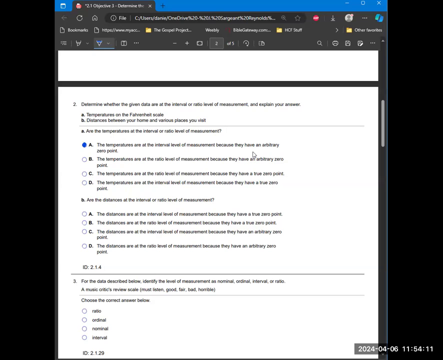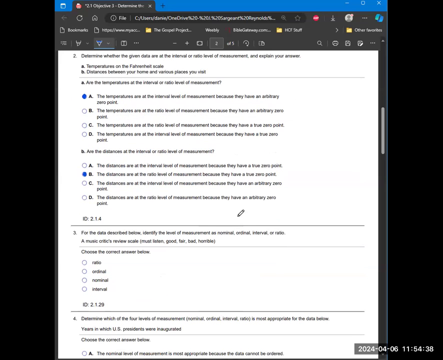Distances between your home and various places you want to visit. So that would be ratio, which is B, because you have a true 0, that you could go nowhere and stay at home, and that would make sense. And also you could say things like it's twice as far or half as far, and those things make sense.